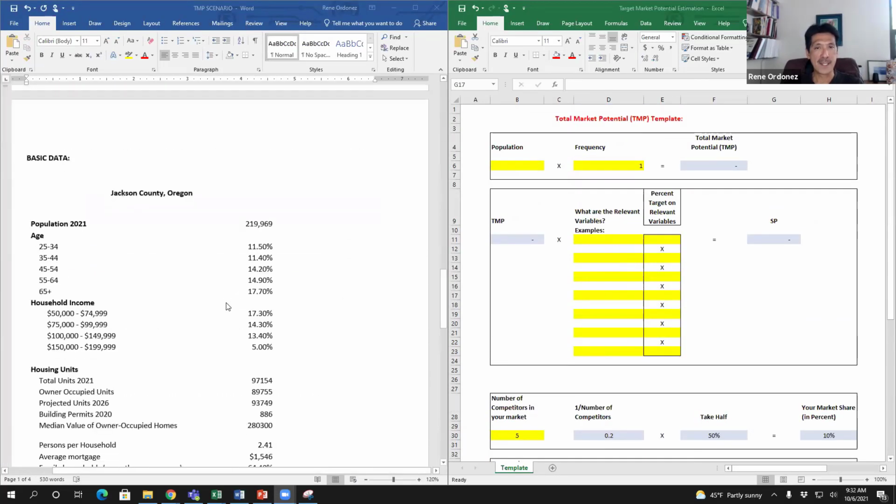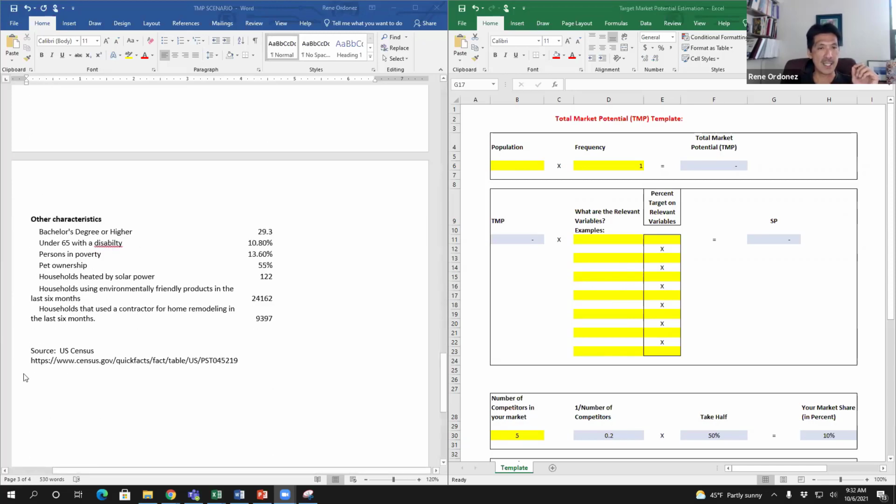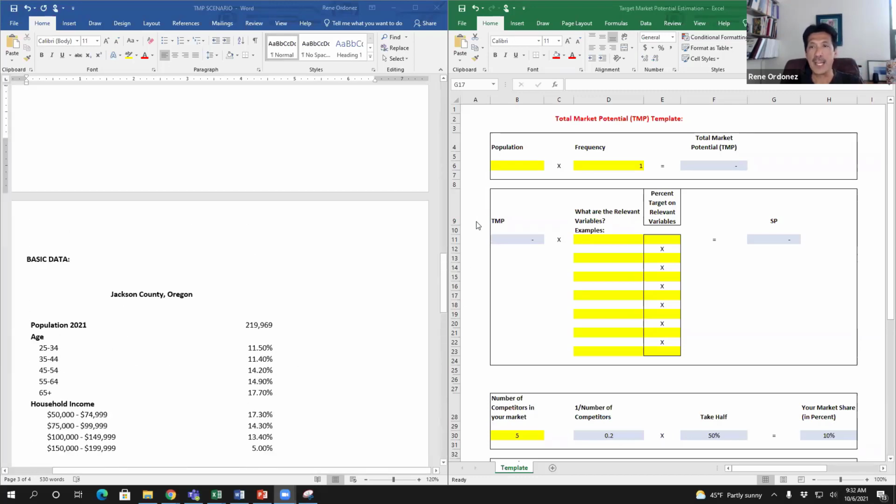Here's the set of data that I compiled. This is not comprehensive, but just enough that we can demonstrate the use of this template, and the source is the website I showed earlier, the US Census. So for the population, let's say our definition is number of households.